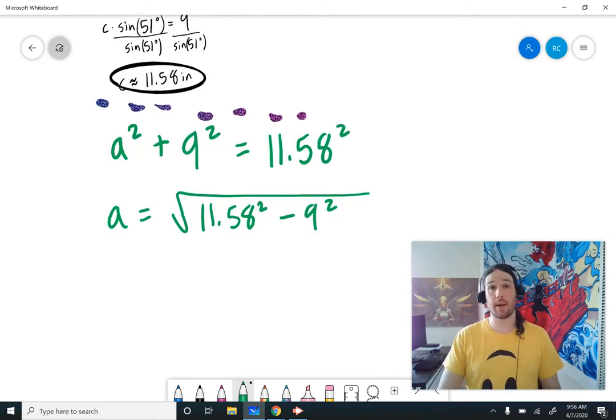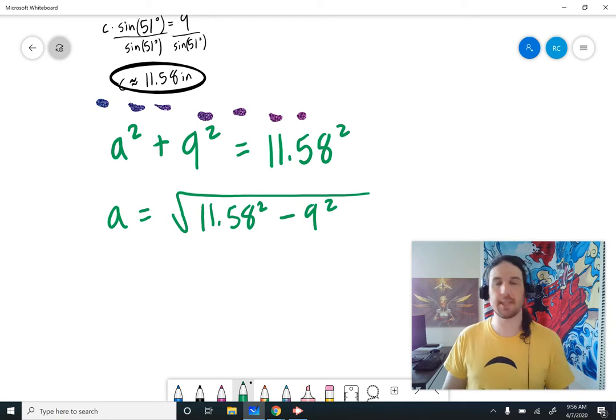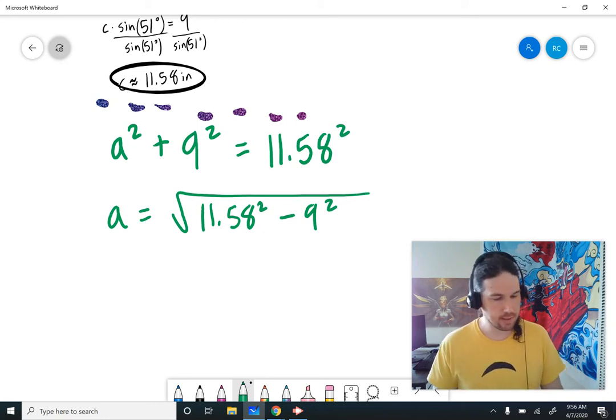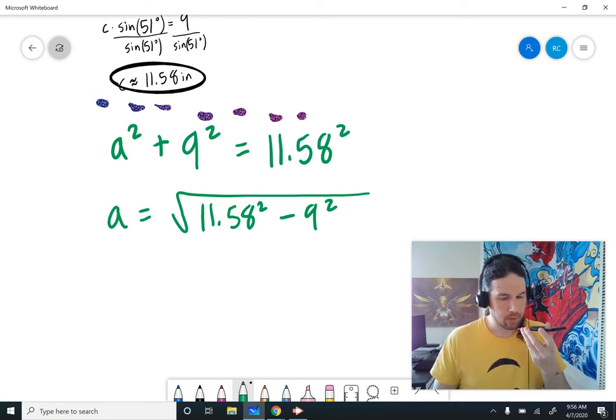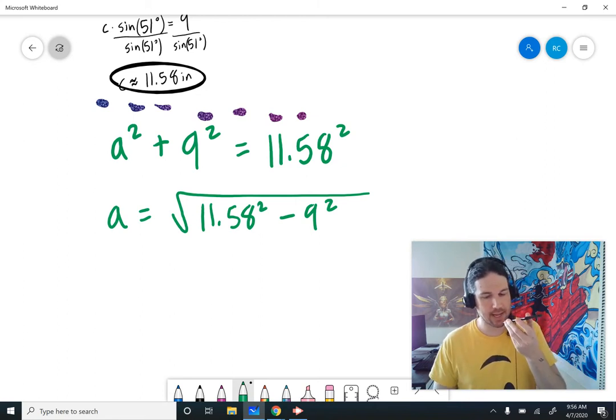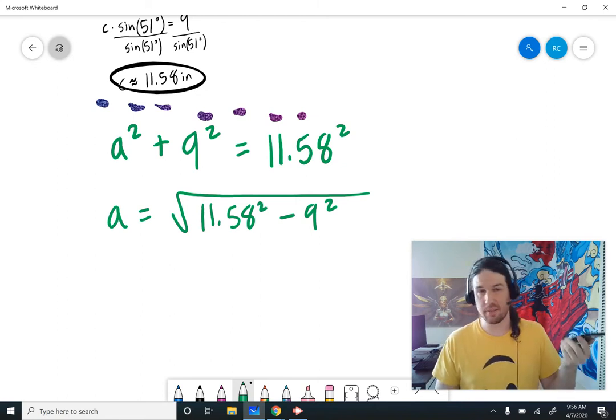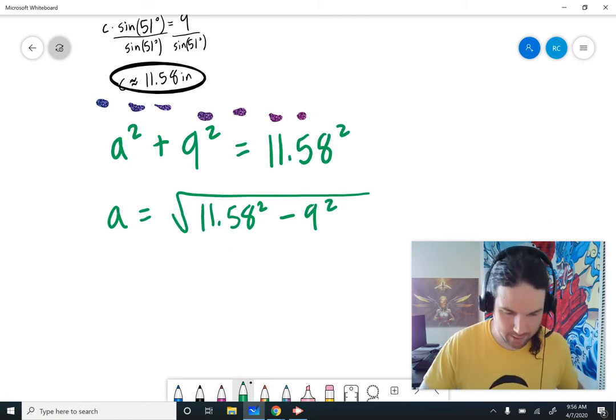If you didn't follow that, what I did was subtract 9 squared from both sides, and then I square rooted both sides. Hey Google, what's the square root of 11.58 squared minus 9 squared? I don't think it's going to do it. All right, we'll actually use the calculator.